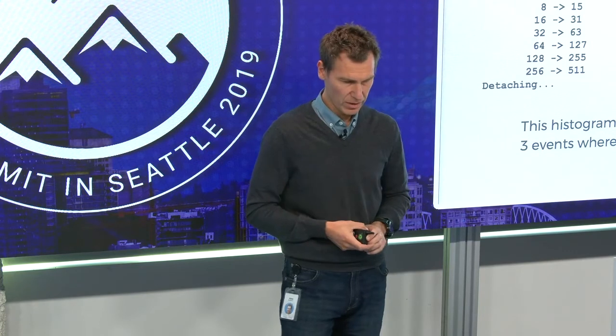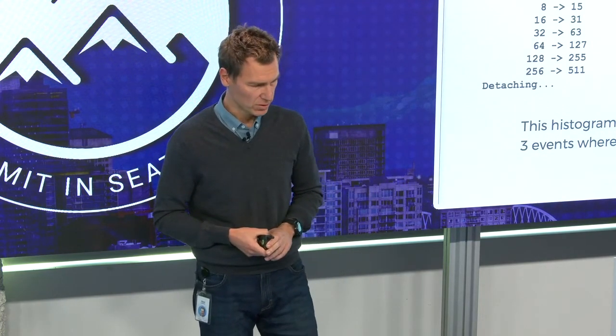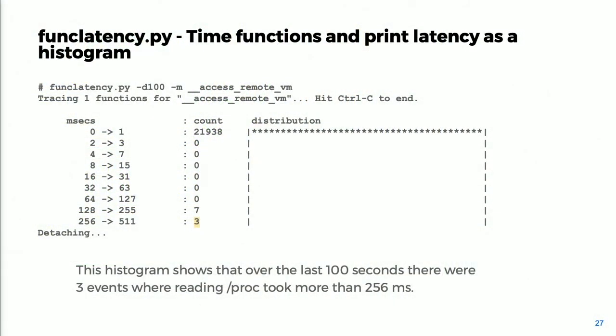So the next step is to bring one of my other favorite BPF tools. This one is called funclatency. Again, a combination of Python and C code. What I'm asking this tool to do for the next 100 seconds, please measure the latency of this particular access_remote_vm function. Why this function?